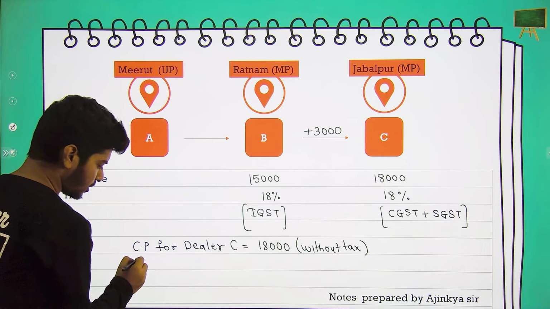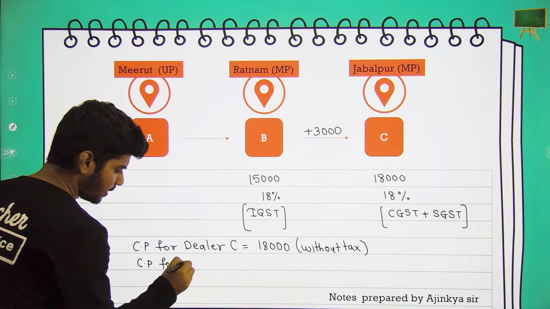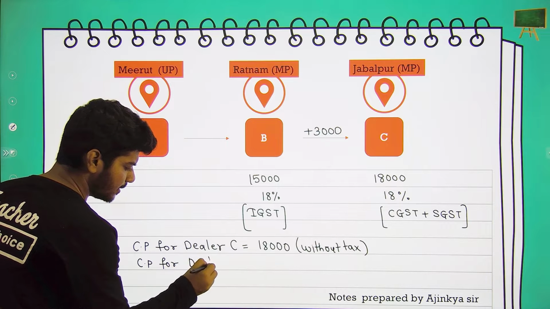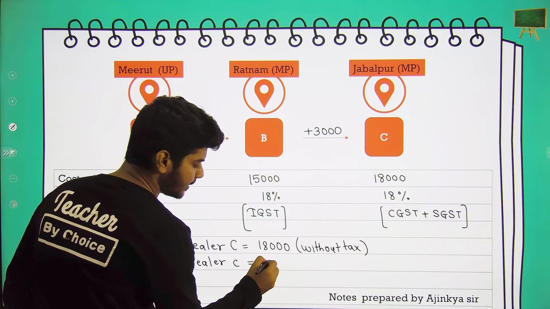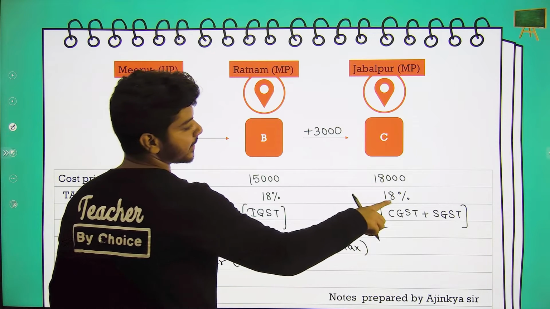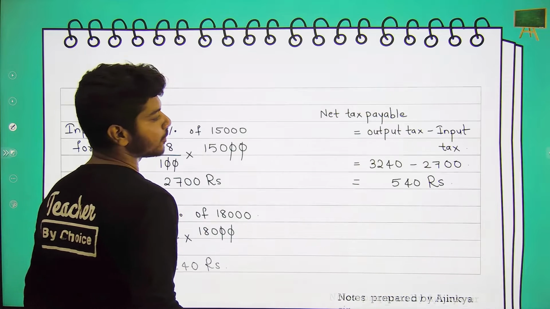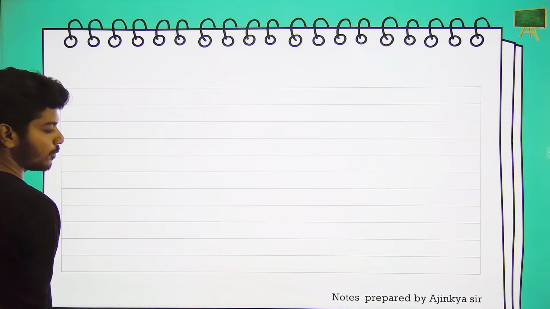Cost price for dealer C inclusive of tax will be 18,000 plus the tax, 18% of 18,000. How much have we calculated? 18% of 18,000 is 3240.